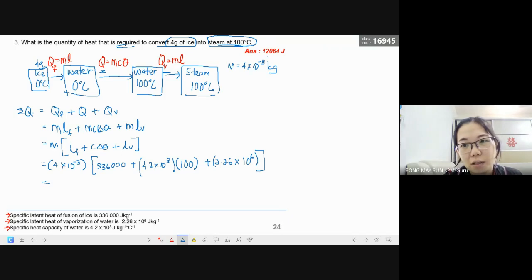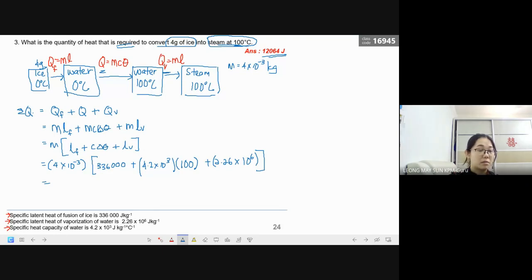Press your calculator, see whether you get the same answer or not. Press your calculator very, very carefully and see if you can get the answer.